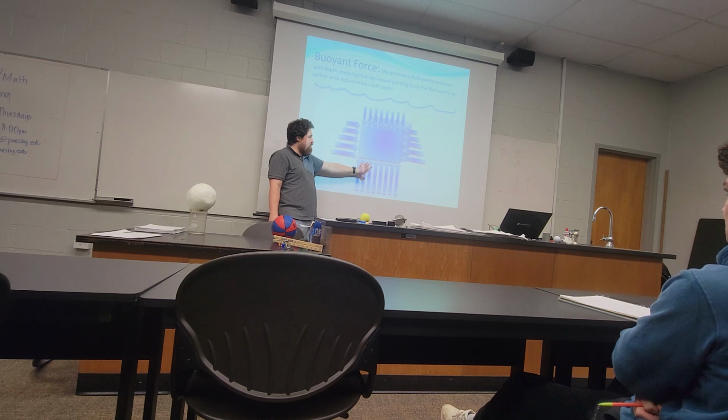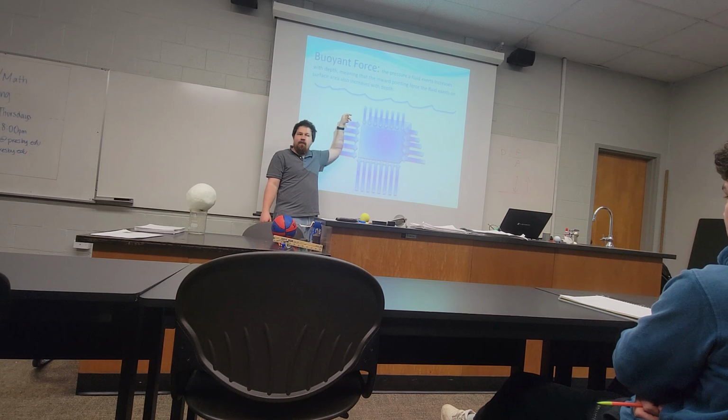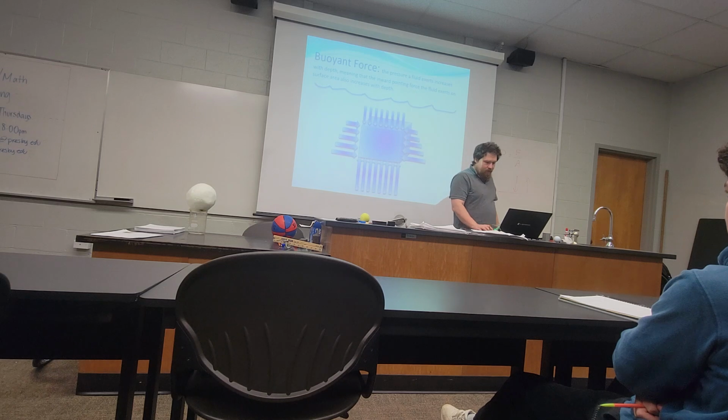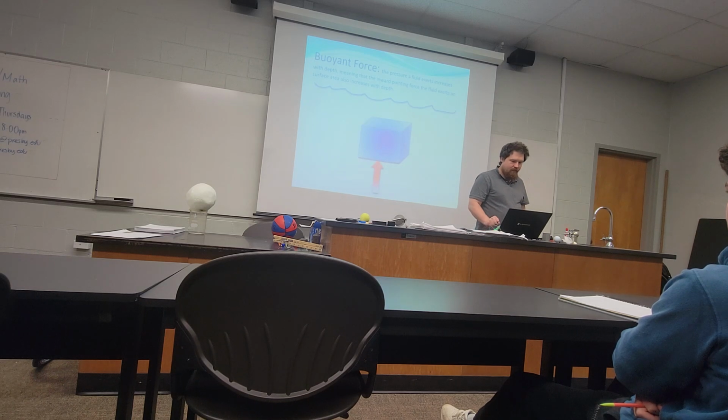Whereas down here, more depth, more pressure, more force arrows pointing up than down. So, whenever you are submerged in a fluid, the net force from the water pressure or fluid pressure points up, because the pressure on the lower side of the item is going to be bigger than the upper side of the item.